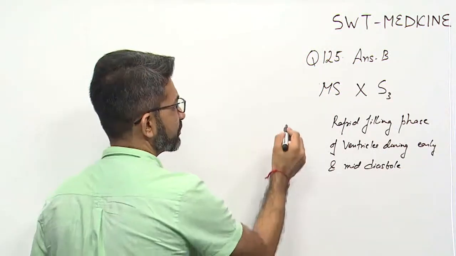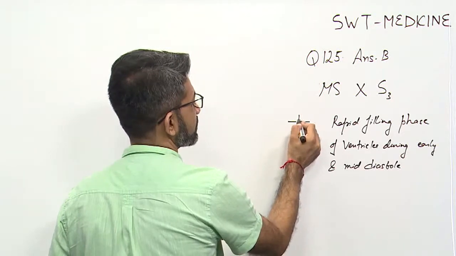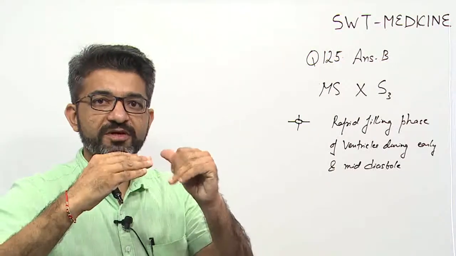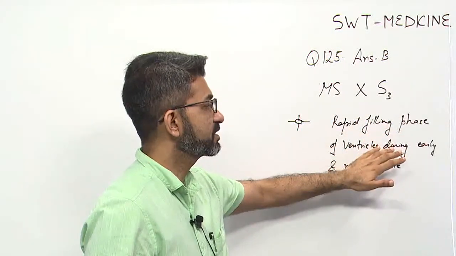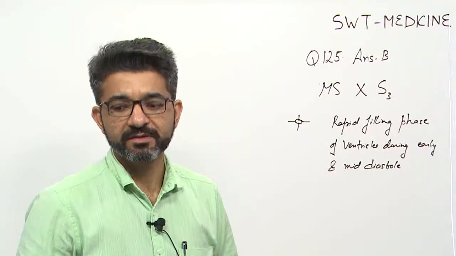And whenever you have a fixed valvular defect, the area is fixed, the valves are not moving properly, so this early rapid filling phase of ventricles is impaired. So therefore you can never have S3 in mitral stenosis.